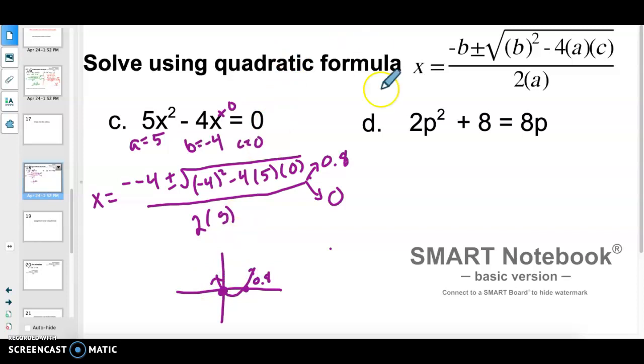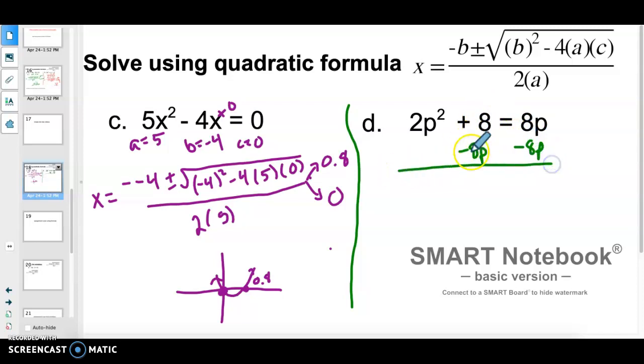Let's check out one more problem that's set up differently. So this one has the p squared, so I know it's a quadratic equation, and it's got a p and a constant. So I need to get them all on the same side in order to use the quadratic formula. So I'm going to move this -8p over. Because this -8p is not a like term with either of these, it's going to be our middle term, because notice here we had x squared, x, and then a constant.